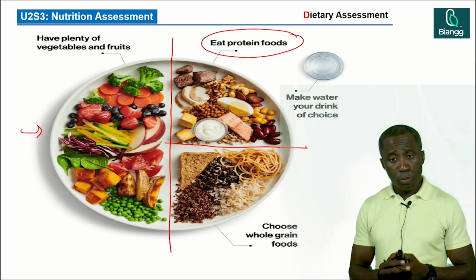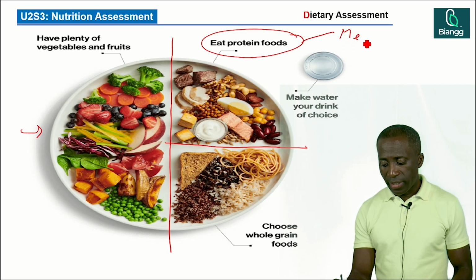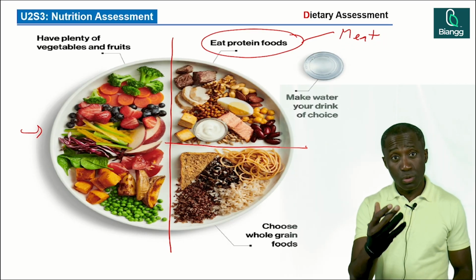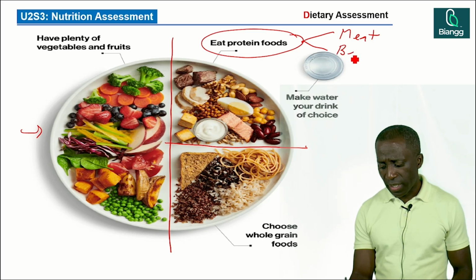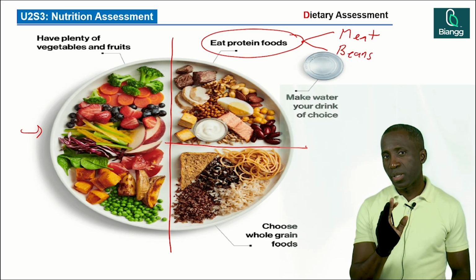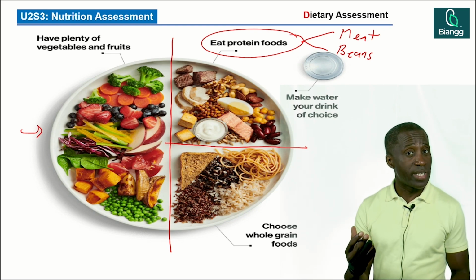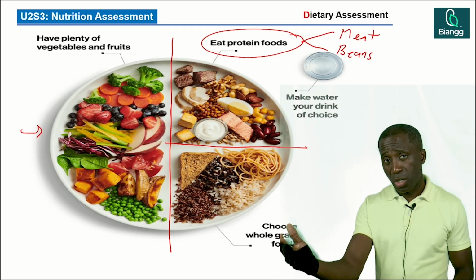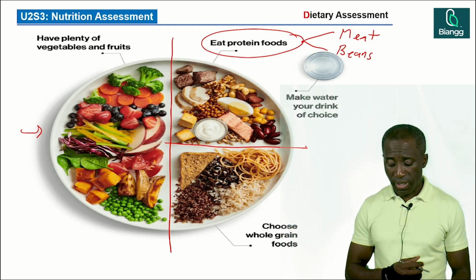And remember that for the protein, you can either eat some meat to have your protein sources, or you can actually have your proteins from beans. Remember, you don't need to necessarily eat meat in this case. You can replace the meat by eating beans, where you can actually have your protein sources.